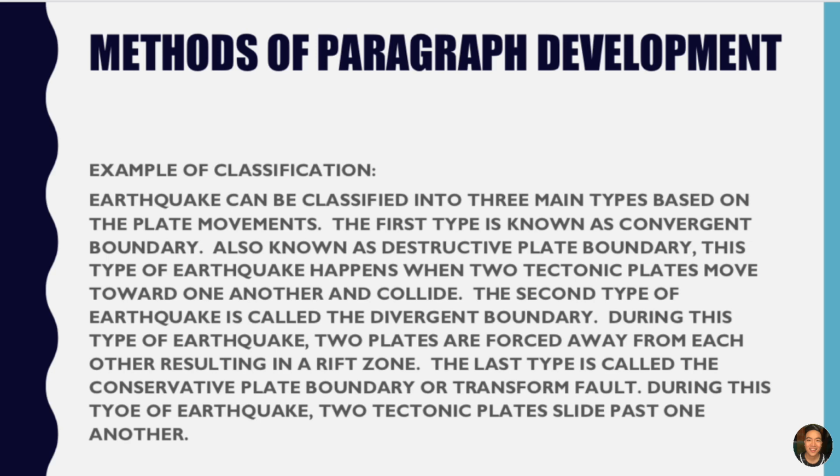During this type of earthquake, two plates are forced to move away from each other, resulting in a rift zone. The last type is called the conservative plate boundary or transform fault. During this type of earthquake, the two tectonic plates slide past one another. Can you give me the signal words that were used in the example?